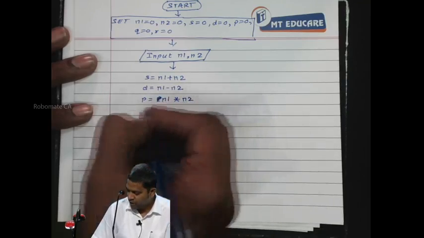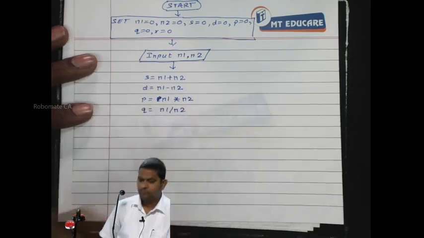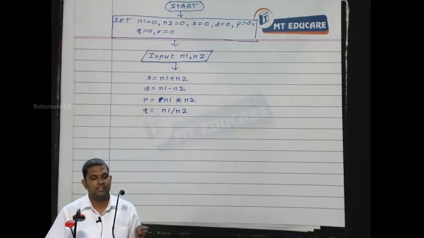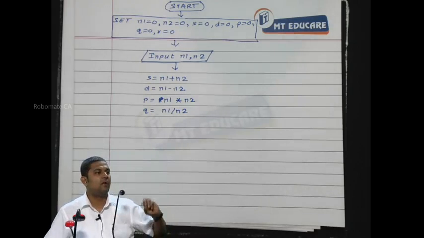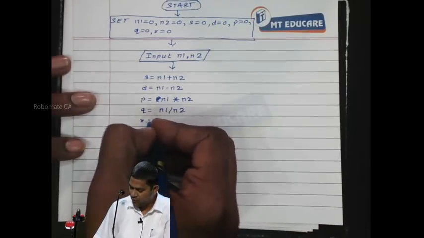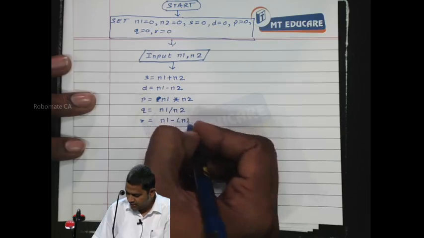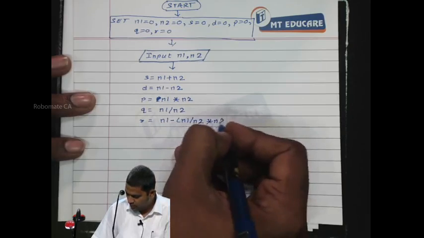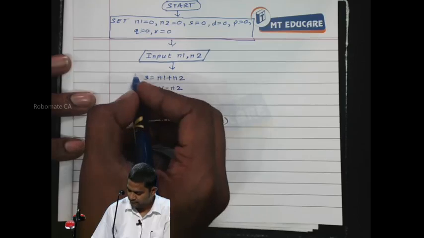Quotient will be N1 divided by N2. And for finding remainder, there is no modulus, all these things are not allowed. You need to develop some mathematical formula for it. So, R equal to N1 minus N1 divided by N2 into N2. I'll explain this, don't worry.